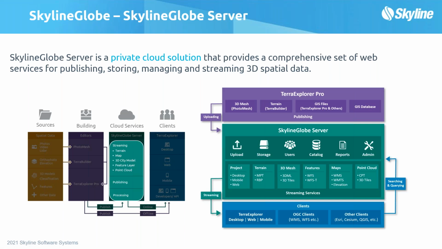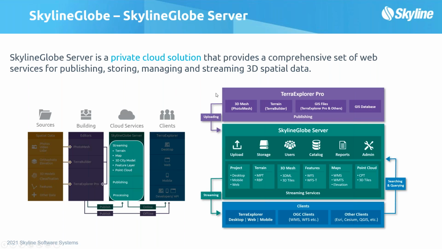The way Skyline Globe is architectured within the suite is that we have TerraXplore Pro as the publishing tool. This is where you would take your meshes and your terrain and your GIS files, GIS databases, and so on, and decide and define how you want to view it, what functionality it should have, what messages, what classifications, and so on.